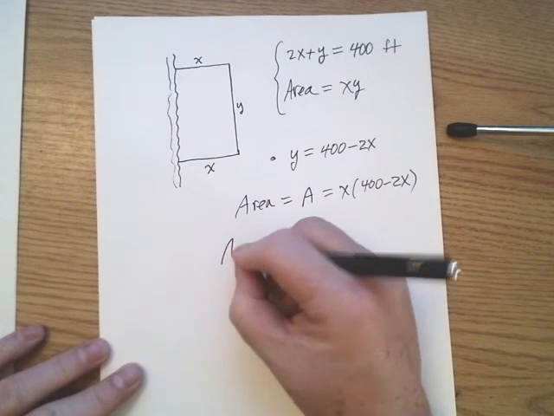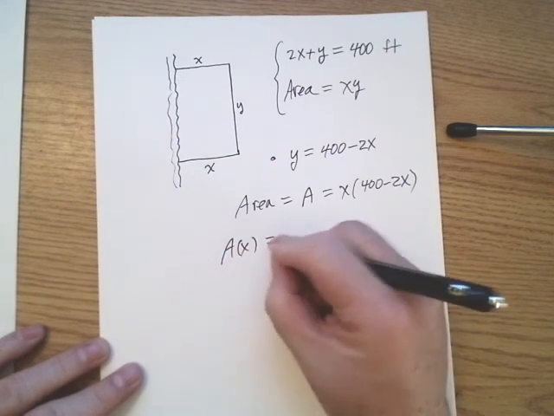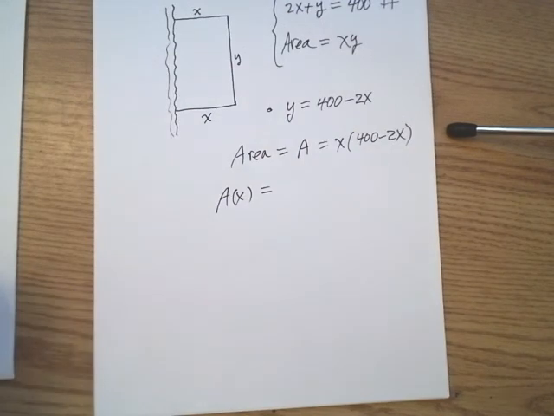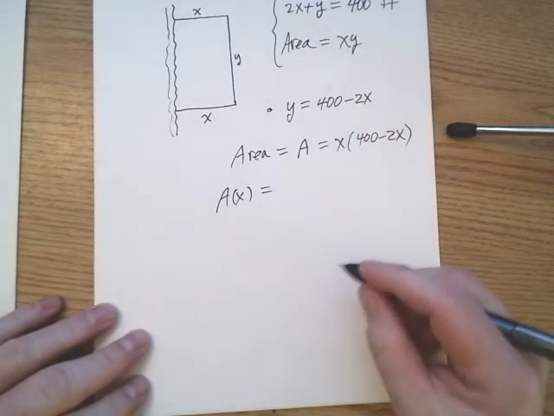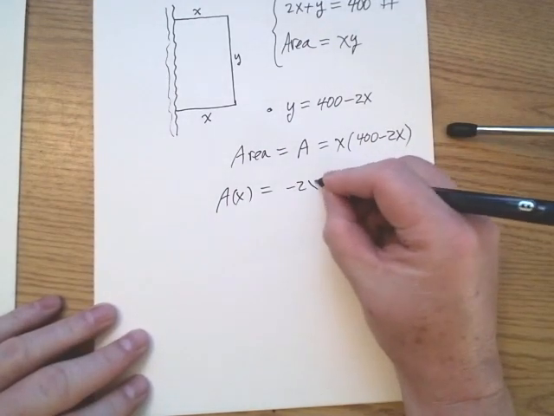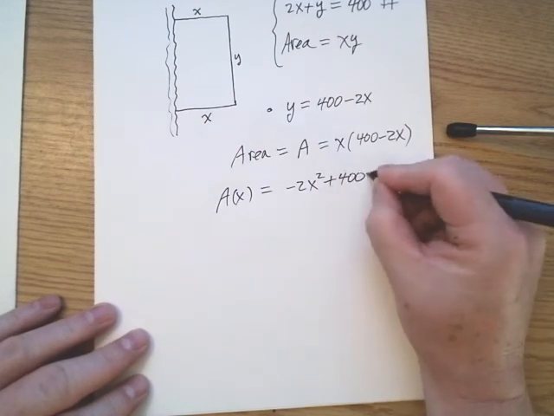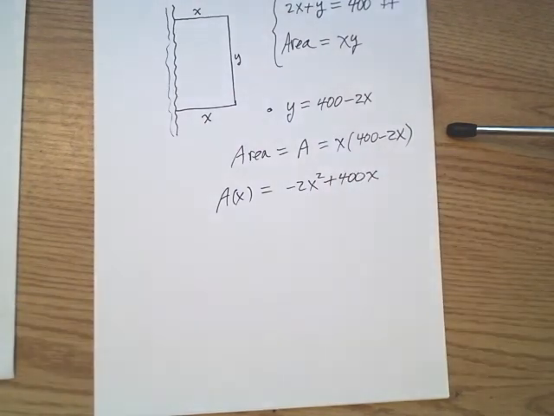So A is actually a function of x. I'll write that dependency this way, as we tend to do when we write functions. A is the dependent variable and x is the independent variable. When you multiply through, and I'm going to write the square term before the linear term, we've got negative 2x squared plus 400x.